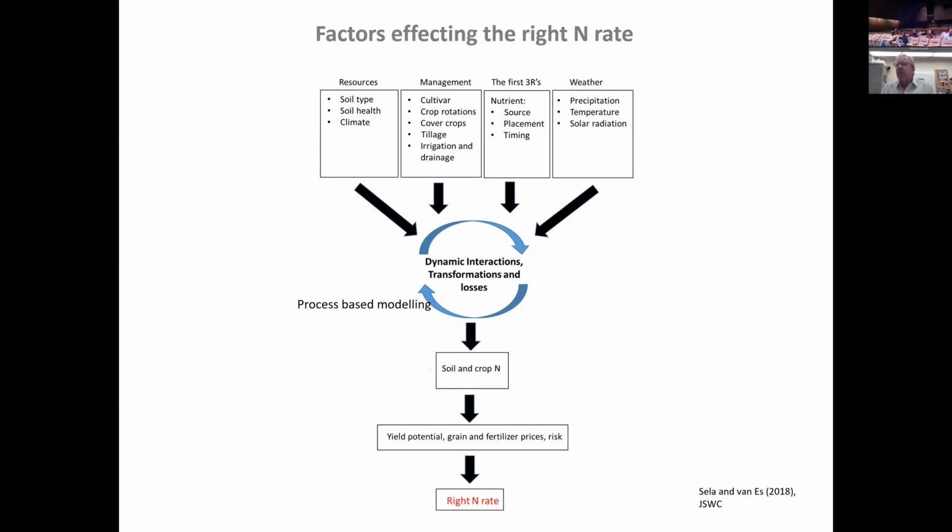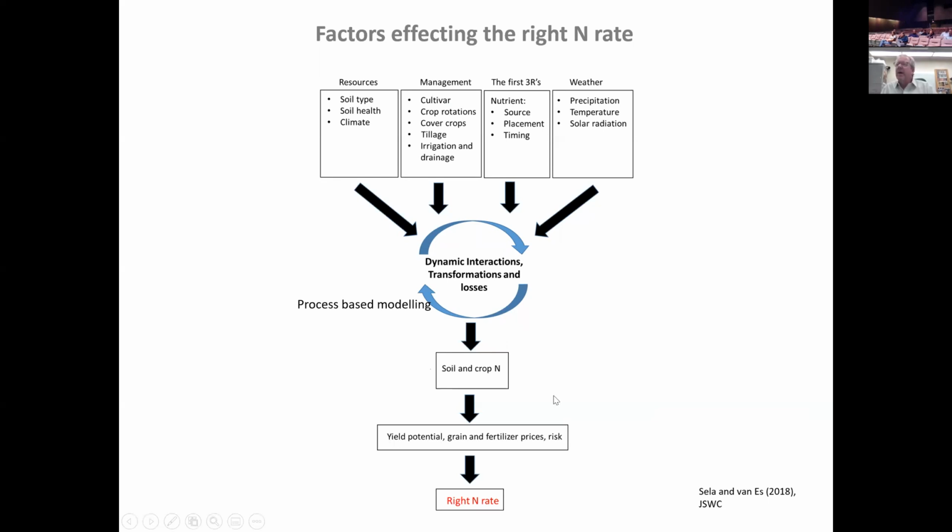It's important to point out that you can't really say, here's the cover crop effect, and have that be one number, or here's the tillage effect or the crop rotation effect, because it interacts with soil type, with soil health, and especially with weather factors. So you need to have this dynamic approach to be able to make good recommendations.